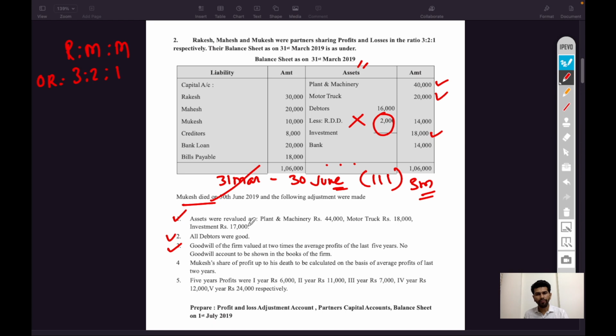Goodwill of the firm valued at 2 times average profit of last 5 years. Number of years purchased is 2 years. Average profit will be calculated for 5 years.